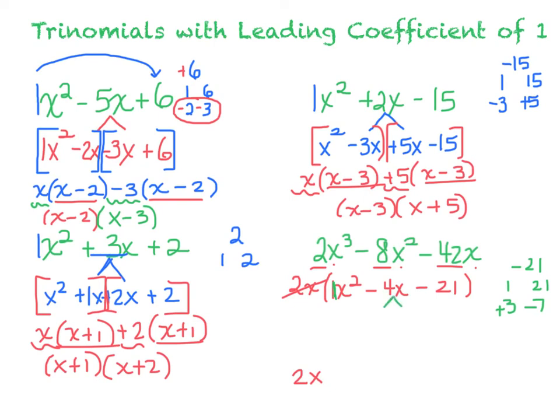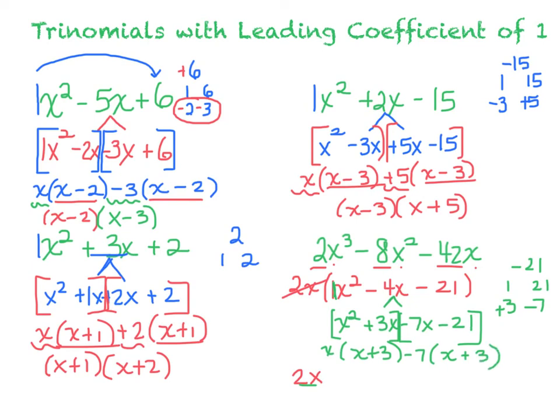I'm going to split the middle, and I get x squared, split the middle with plus 3x, minus 7x, minus 21. I'm going to group. Again, I'm just avoiding this 2x down here on the bottom until the end. This has a common x. This has a common negative 7.